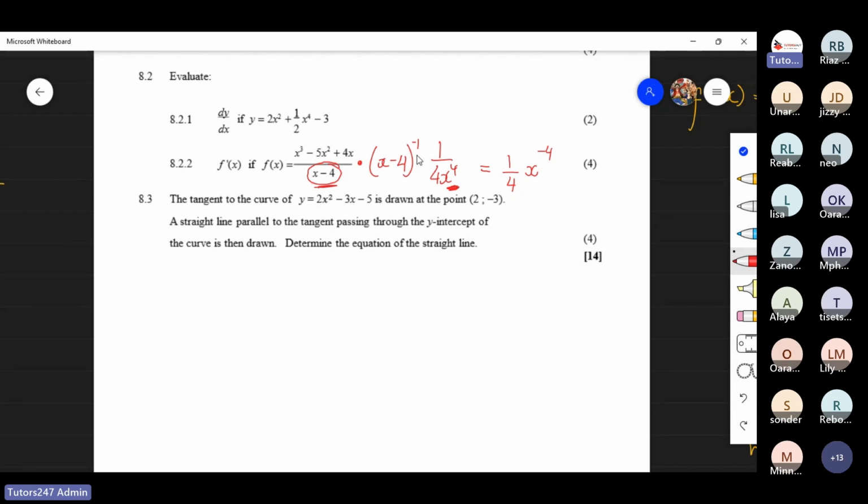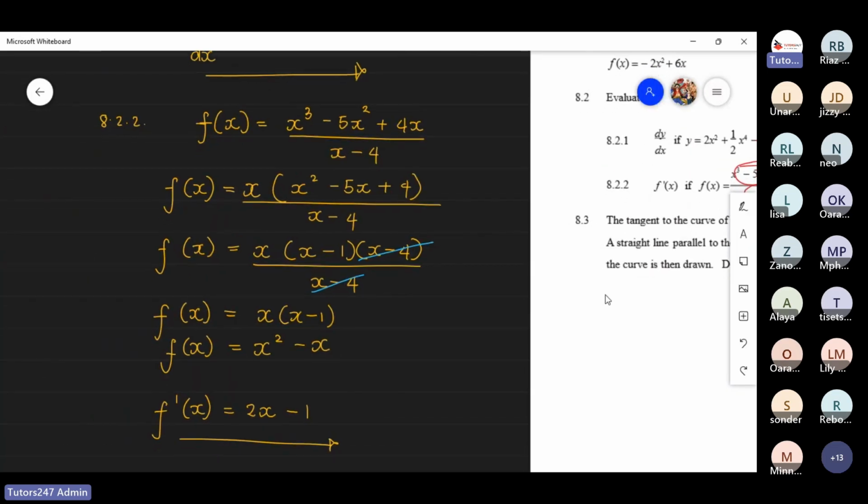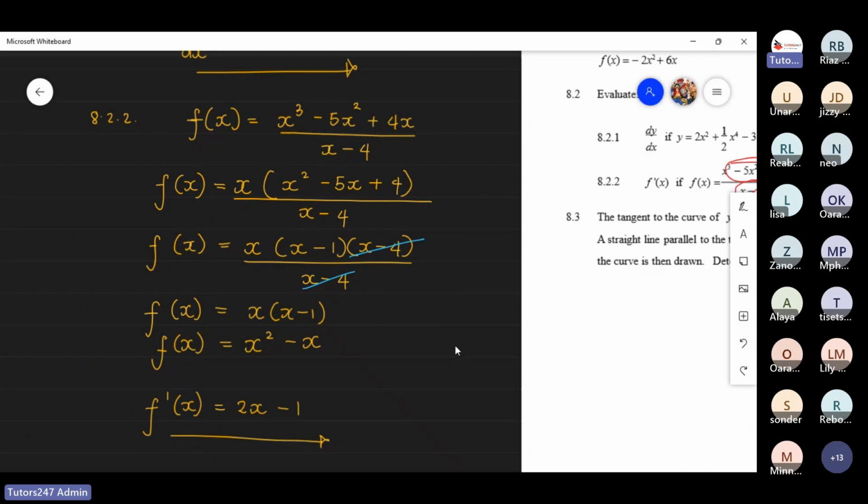If you're doing the CAPS syllabus, you don't know how to solve for this yet. If you are doing IEB, then you can use your chain rule and your product rule to derive and you'll work it out. But because you are doing CAPS, you cannot use that method. So this would be wrong. You have to simplify the top such that it cancels out with the denominator. As we've done here, we simplified such that the denominator canceled out.